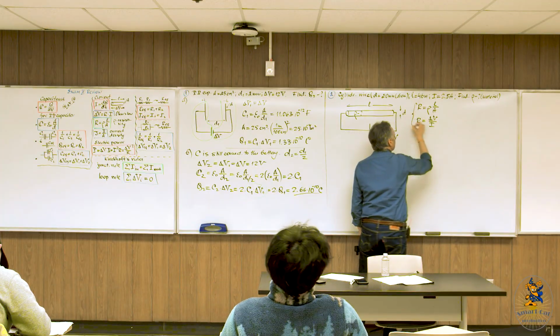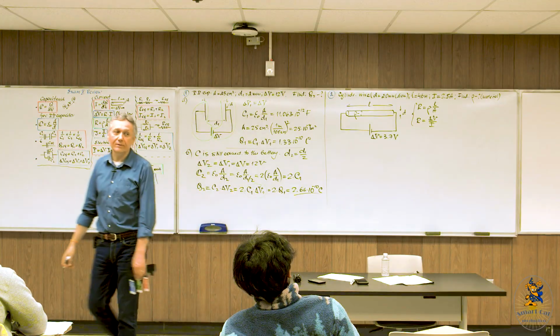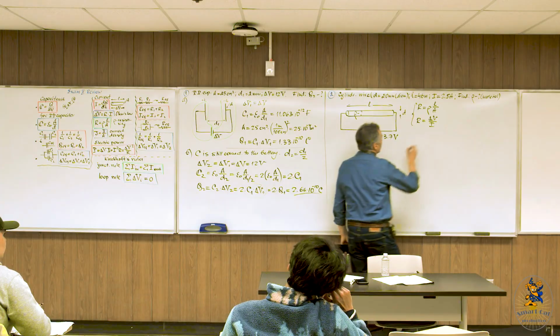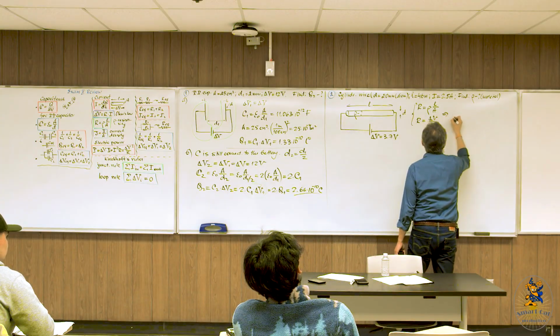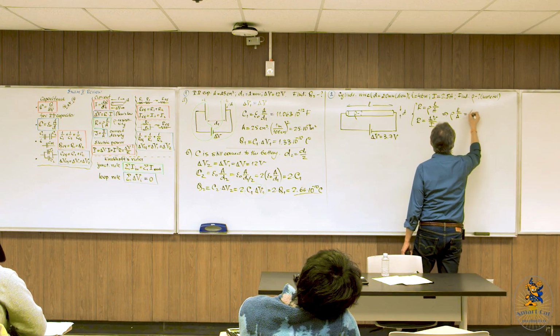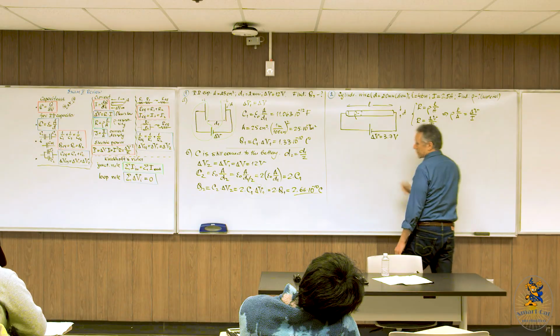So now you just need to combine them in order to find the resistivity. So from here, rho L over A equals delta V over I.